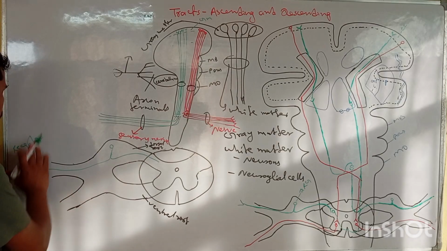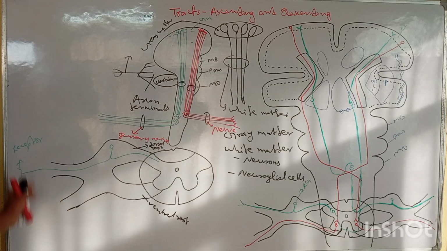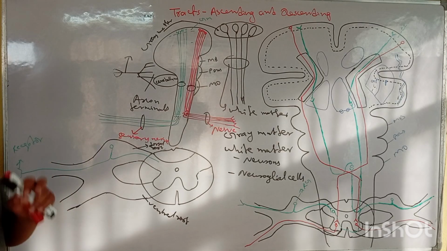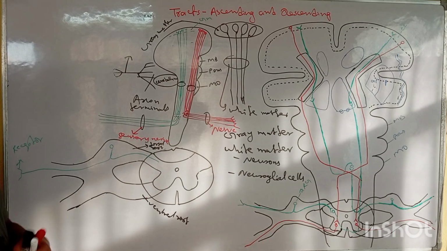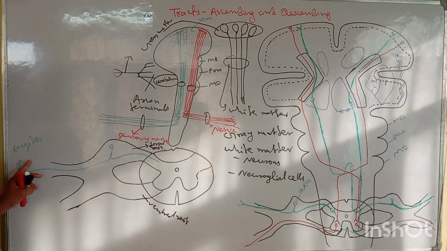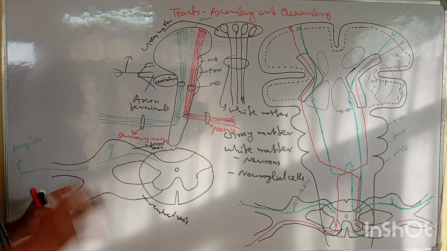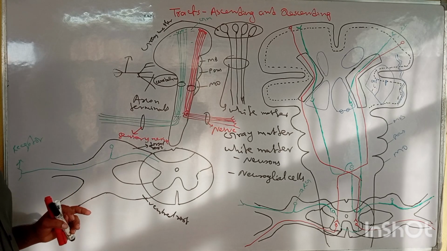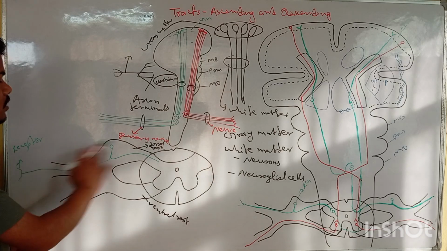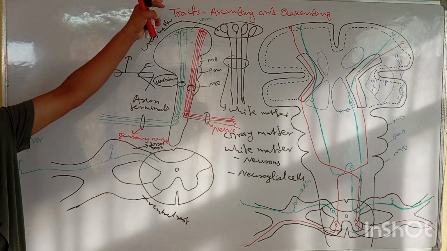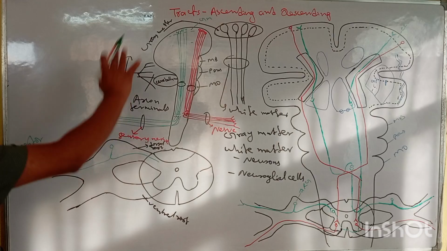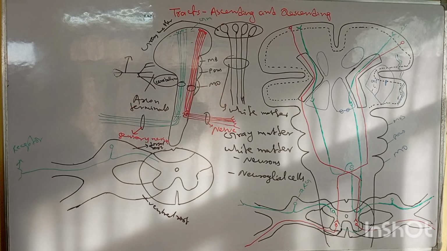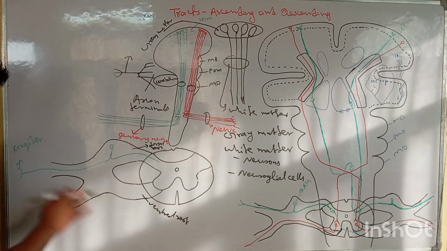And here all forms of energy like touch, pressure, pain, this also is a type of energy, and all these types of energy will be converted into action potential, and that action potential will transmit the message to and fro in the nervous system.